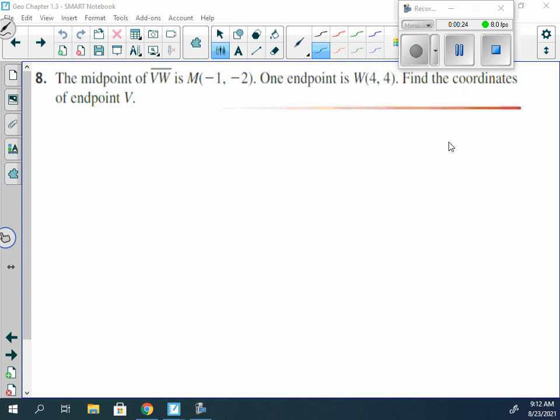If we take the x values of the endpoints and add them together and divide by 2, we'll get the x value of the midpoint. If we take the y values of the two endpoints, add them together and divide by 2, we get the y value of the midpoint. And using this formula, we'll be able to get the value of the midpoint.